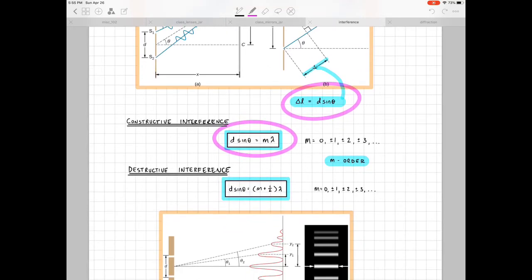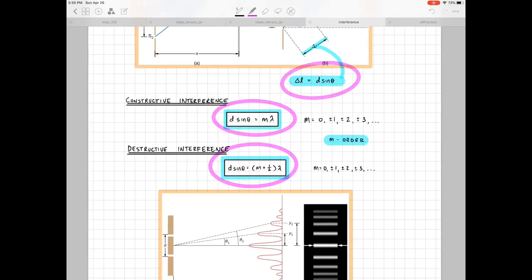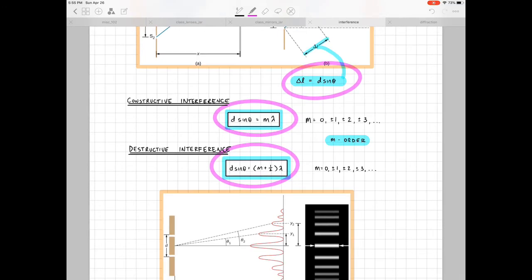Now, if you shift the wave not by a full wavelength but by a half wavelength, then you'll get destructive interference. So rather than peaks aligning with peaks, you'll get a peak and a trough aligning, and that'll result in no light hitting the screen at that particular location. We account for that with the m plus 1/2 times lambda.